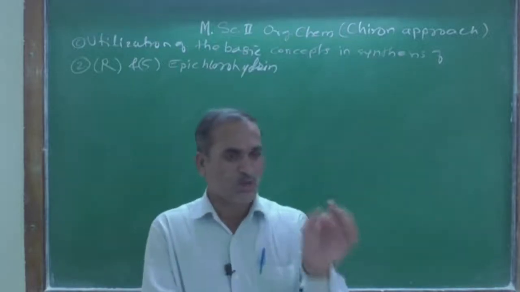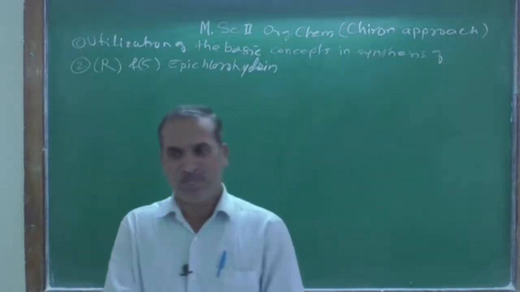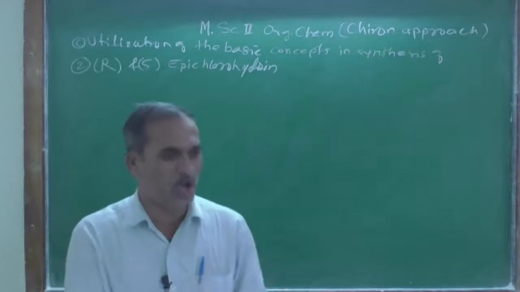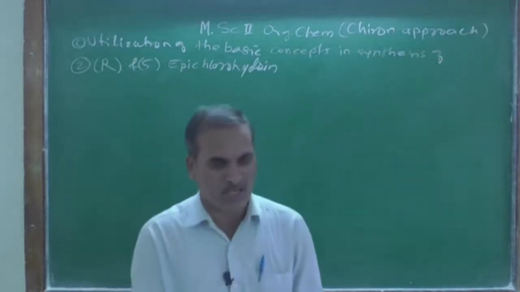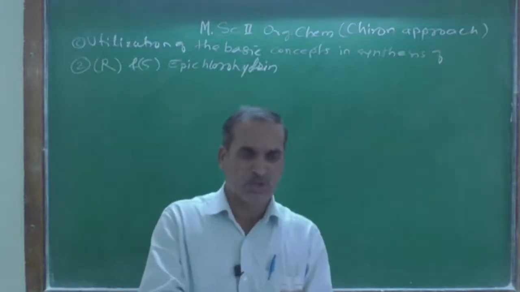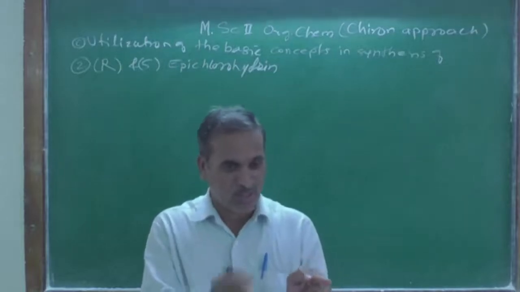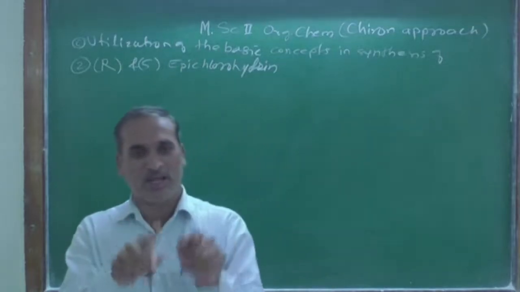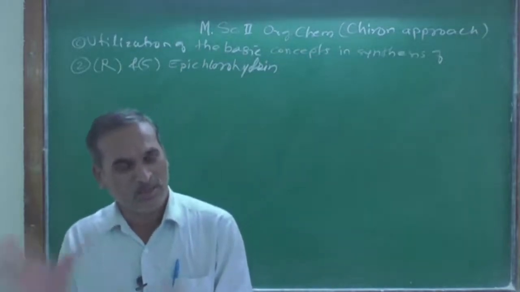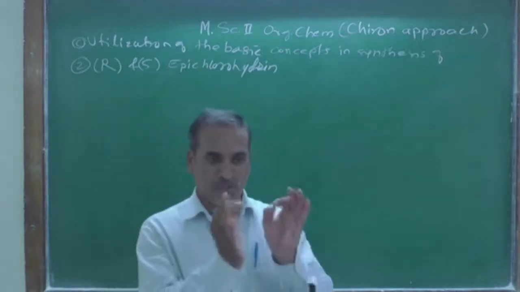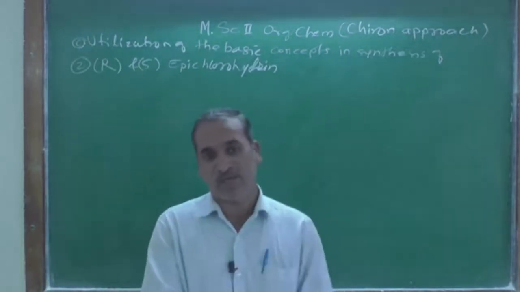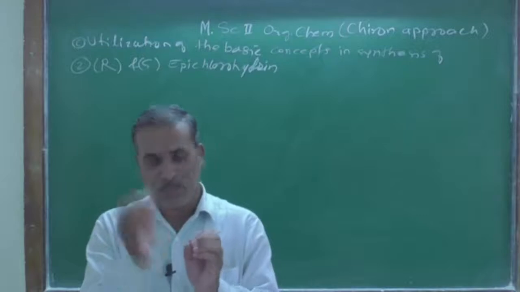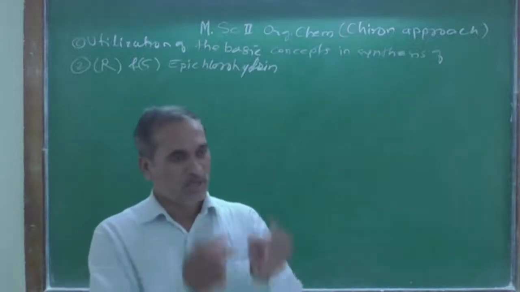First one, sodium borohydride in presence of methanol, which is a reducing reagent which reduces the aldehyde group into a primary alcohol. So that is the use of that reducing reagent.